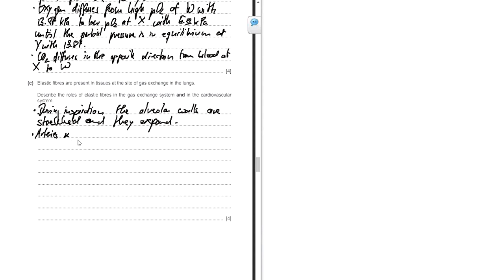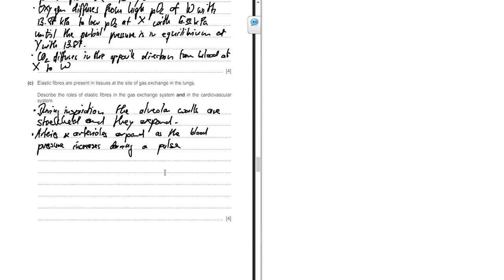So arteries and arterioles expand as the blood pressure increases during a pulse.